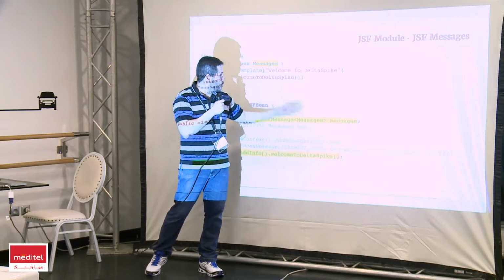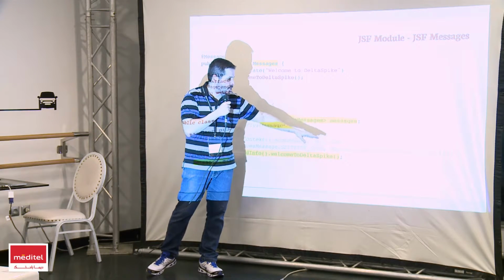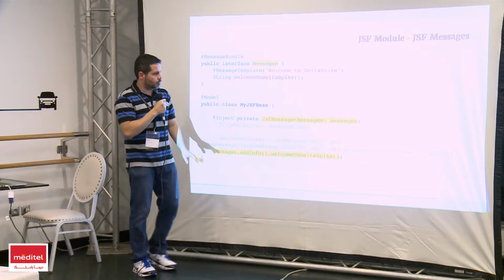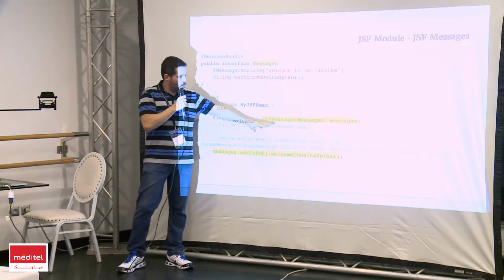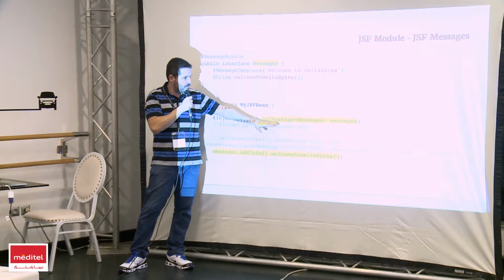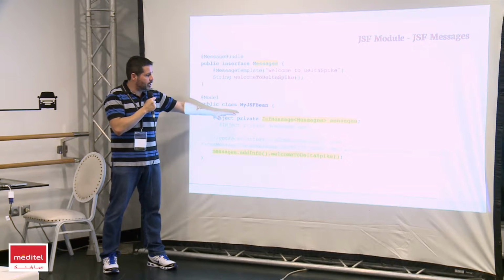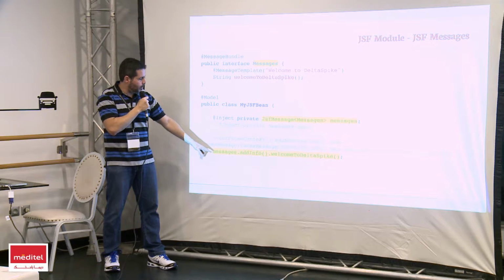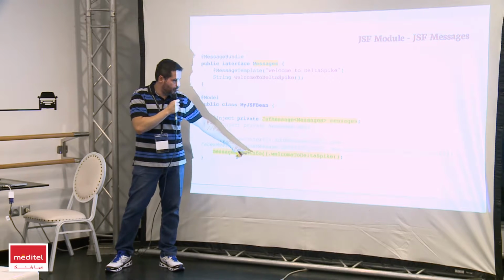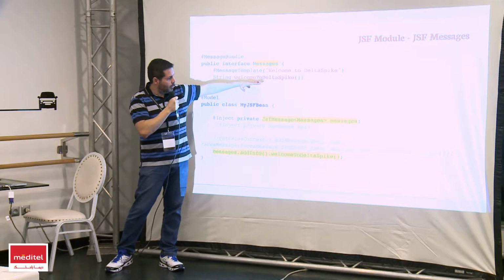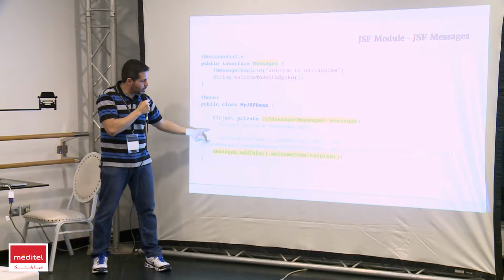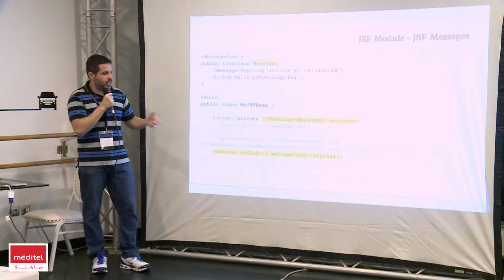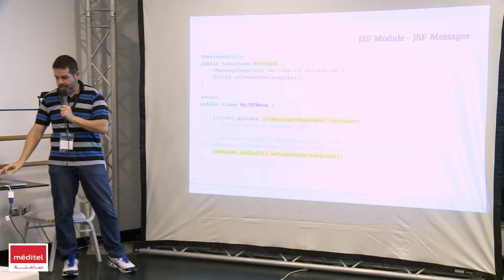Then you could use internationalization, like message welcome to, and the parameters. That's the traditional way, but DeltaSpike comes with this object, JsfMessage, that you just need to inject and call the following method: message, add info with the severity, and it's there. It's much simpler. Look here. How much code do you save using this class?